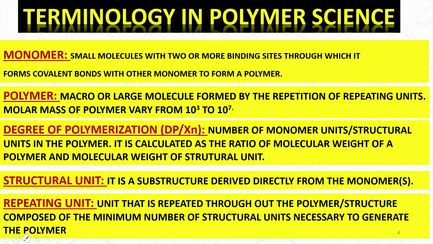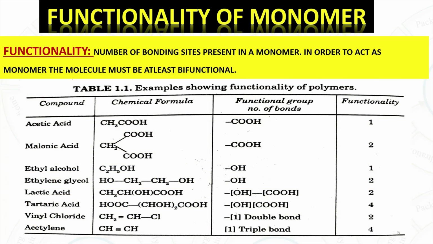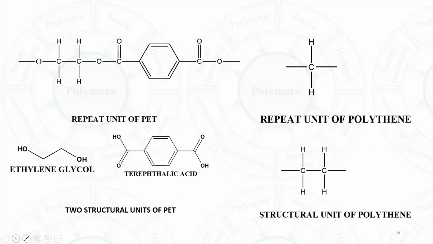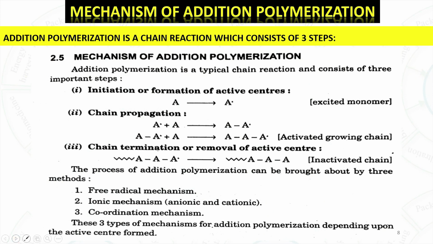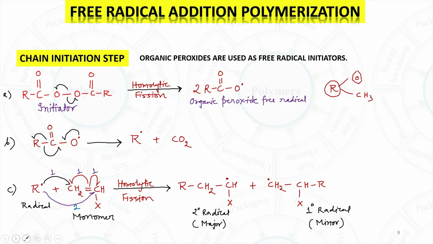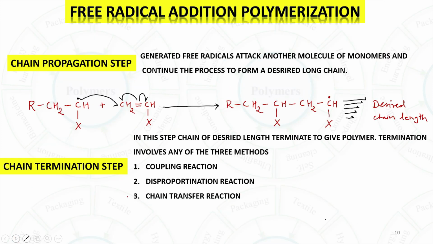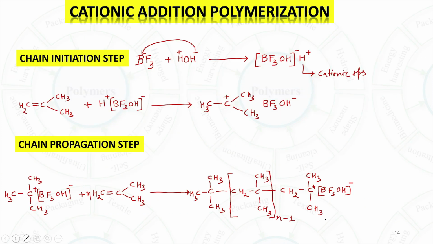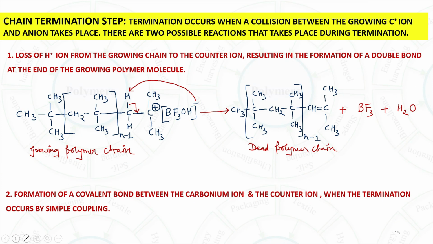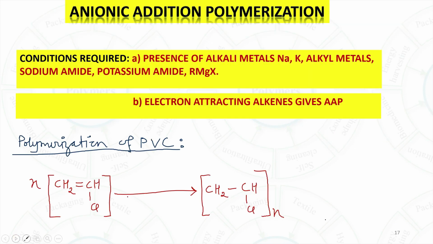And then the terminology used in polymer science, I have covered as well. And then the functionality concept, right? And then the types of polymerization, and the mechanism of addition polymerization: I have done free radical polymerization, right? And after free radical, I have done the cationic polymerization, and then the anionic addition polymerization as well.